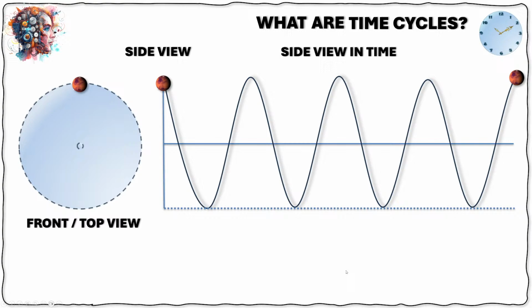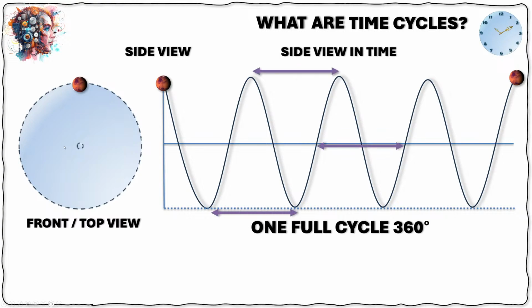Now, when the planet moves a full 360 degrees, it is called one full cycle. So it could be from one point till it comes back to the same point, and you could measure it from any point on the circle, because a circle doesn't have a beginning or an end.